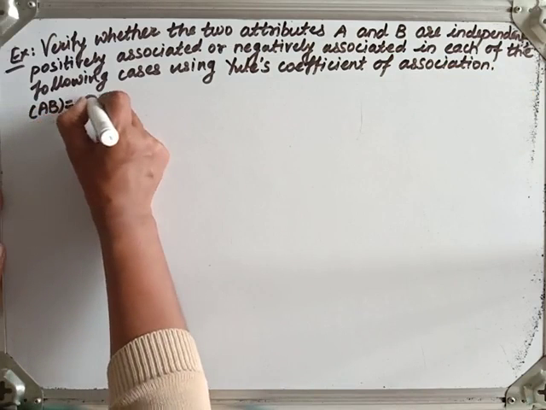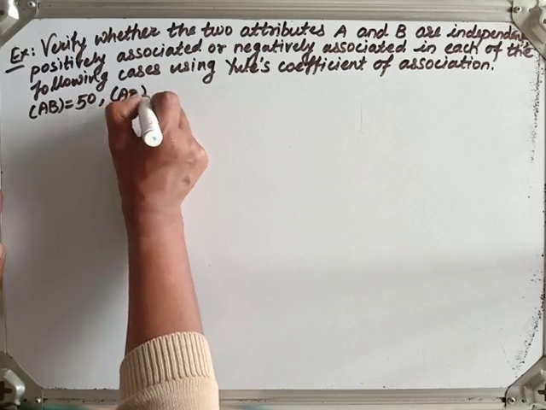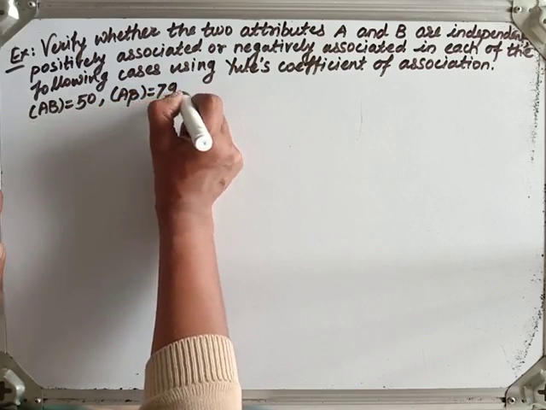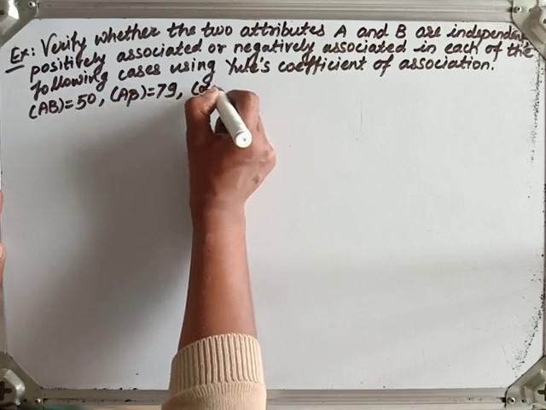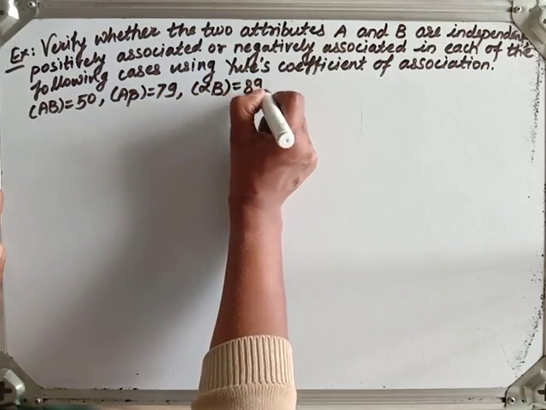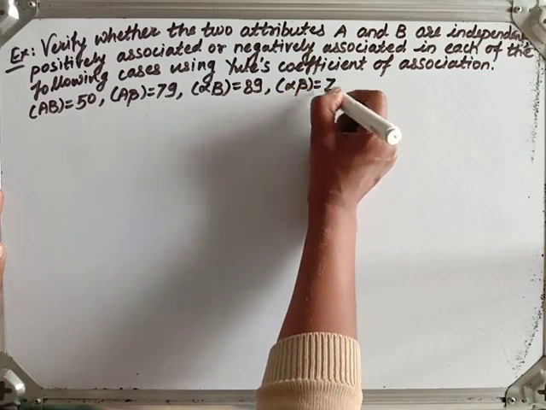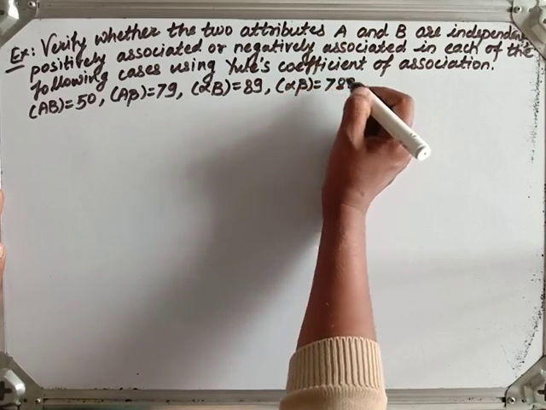AB is 50, A beta is 79, alpha B is 89, alpha beta is 782.